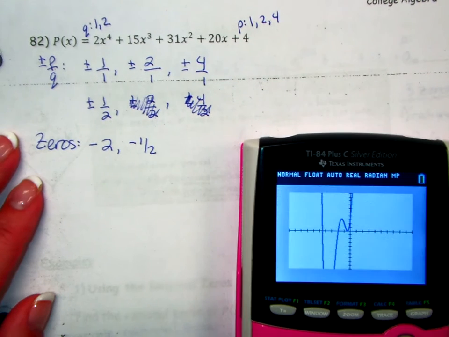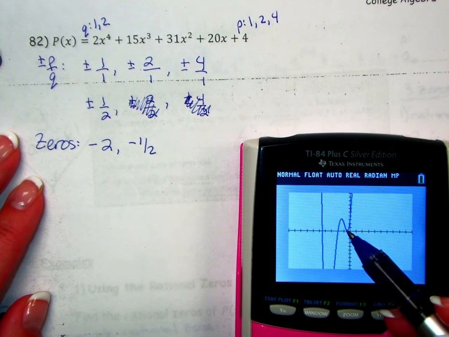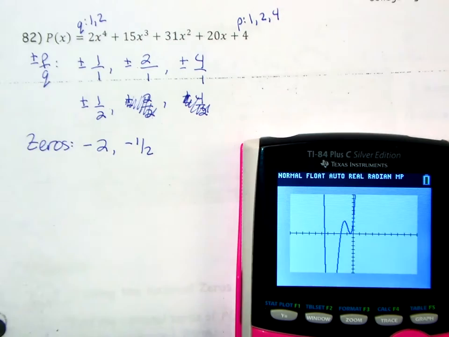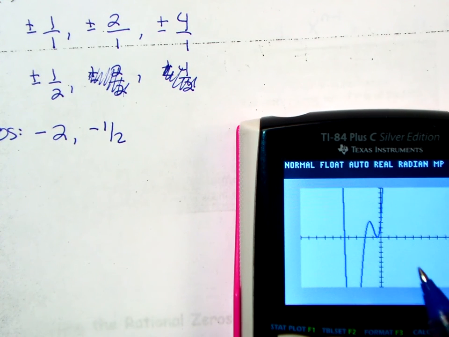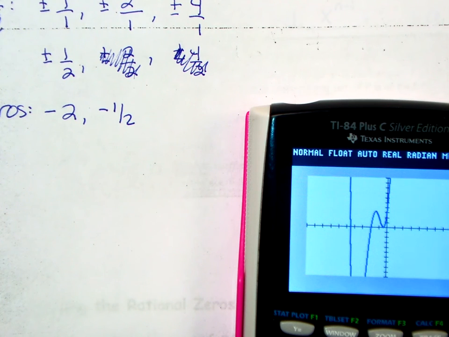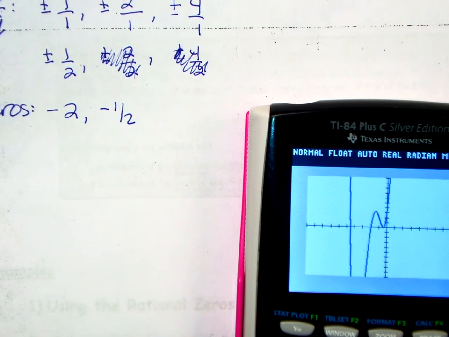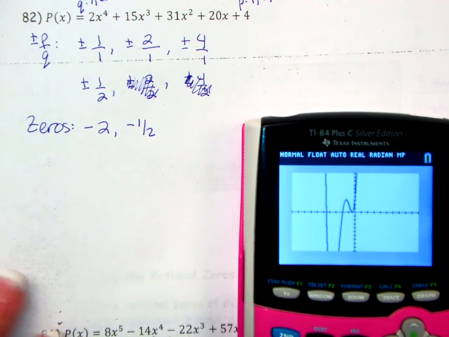Alright, you guys agree? -2 worked, -1/2. Not only did -1/2 work, but I believe it to work twice. This might be where I'm wrong, okay? This might come down and intersect it instead of bounce. But so I'm going to try and divide -1/2 twice, but it might not work, okay?